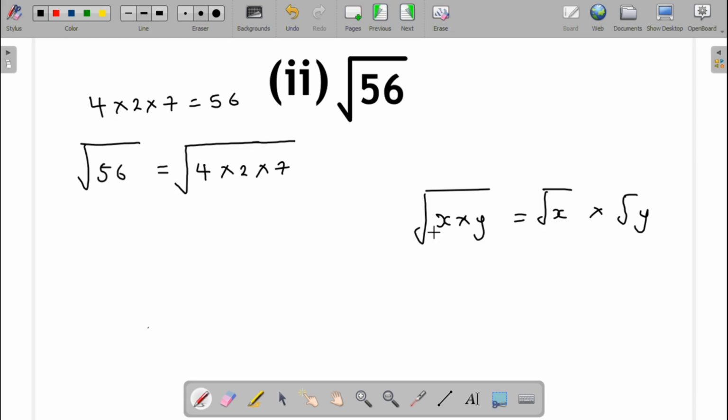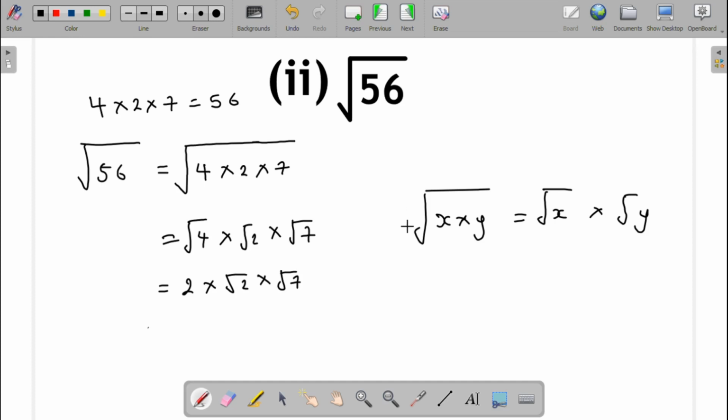Good. Now following the rules of surds, this becomes root 4 times root 2 times root 7. Now root 4 is equal to 2, times root 2 times root 7.